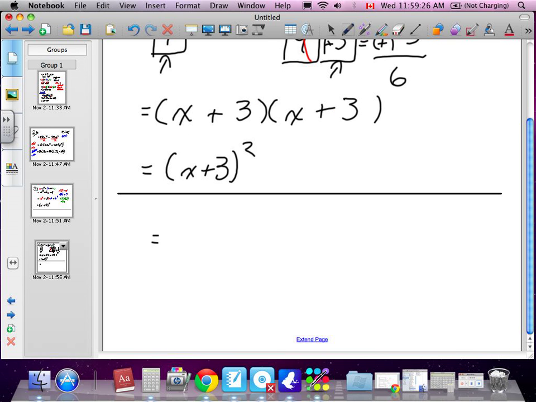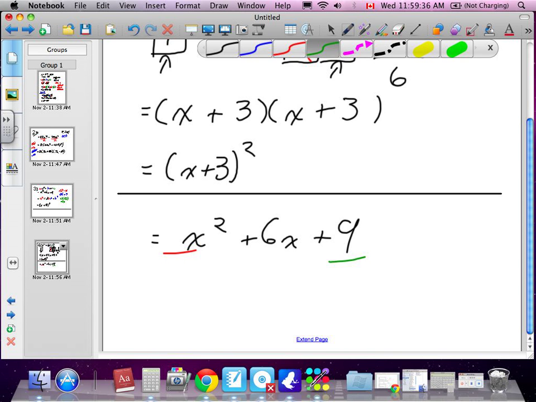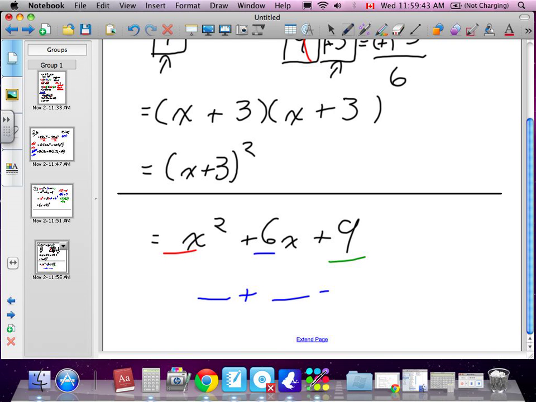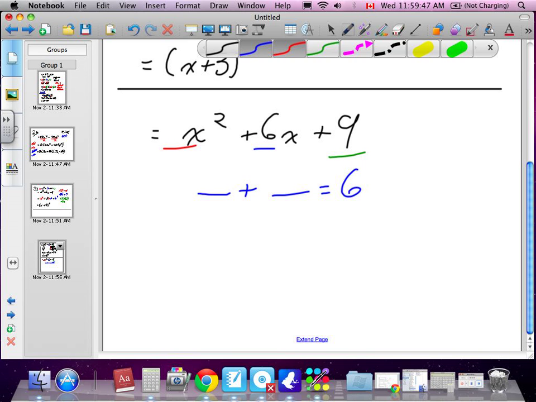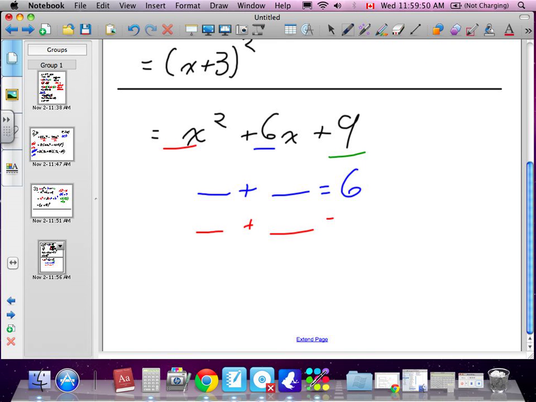Now we'll do the same factoring, same question, using decomposition. Using decomposition, we have our A term, our C term, and our B term. We need two numbers that add up to our B term, which is 6, and that multiply to our A term times our C term, which is 1 times 9, which is 9.